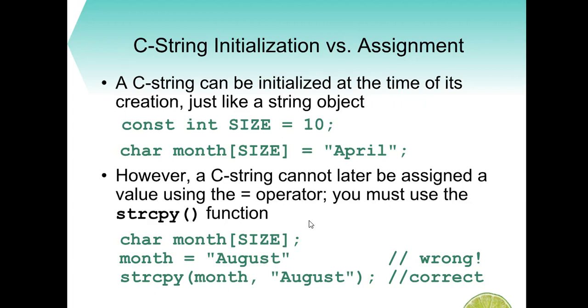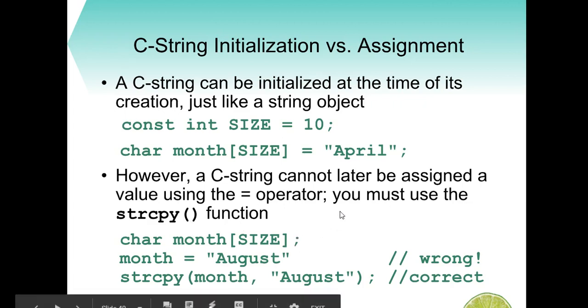So if later on I got the wrong month assigned and I need to reassign that, I have to copy. If I'm doing month bracket size here, I create a character array, month is assigned to August, then I have to do strcpy, month is assigned August. You cannot reassign the value of month, or a string array, using the assignment statement.